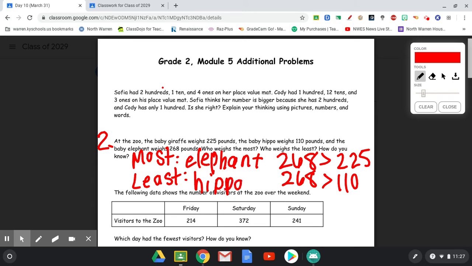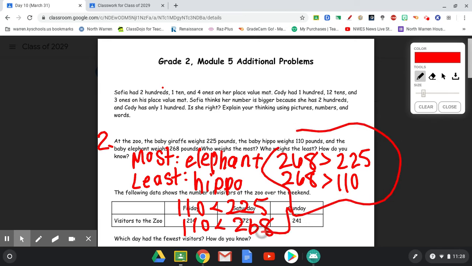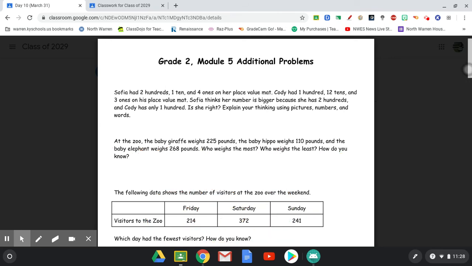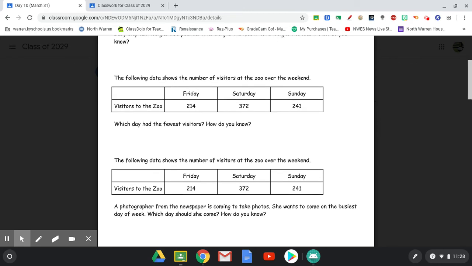And I know this because 110 is less than 225 and 110 is less than 268. Okay, so this right here would be showing how you know, you're creating those equations. Okay, let's jump down to number 3.